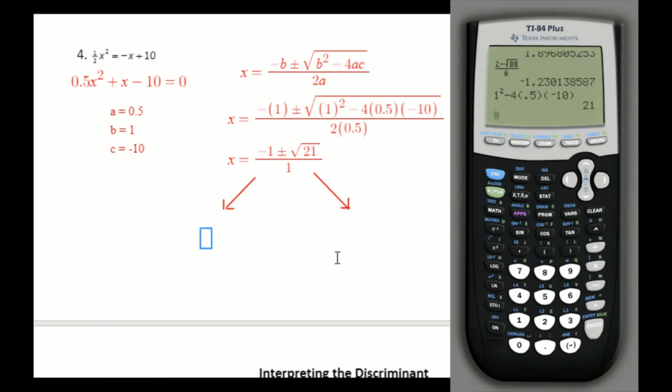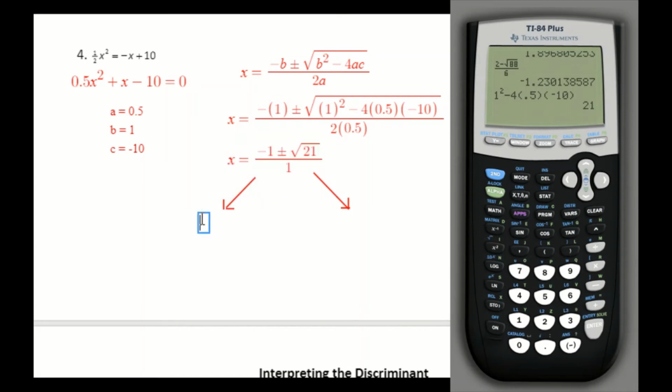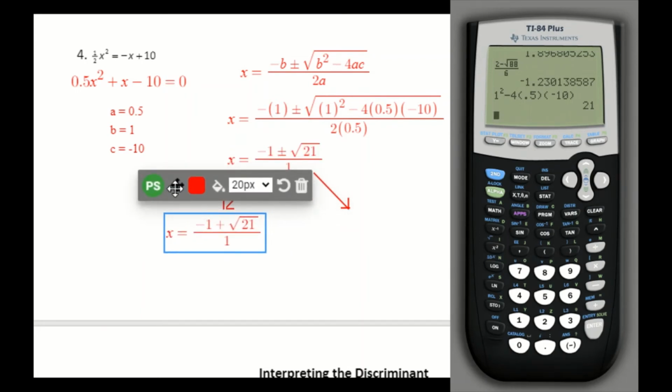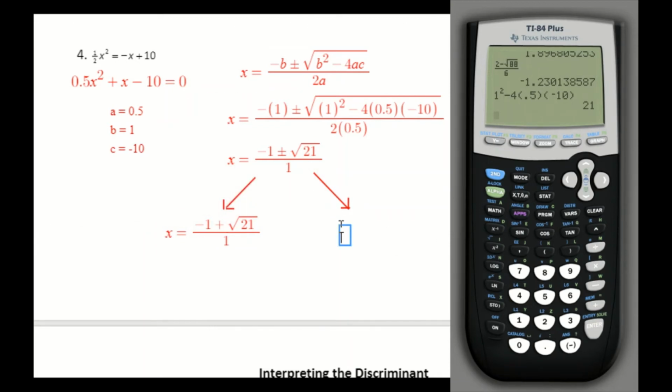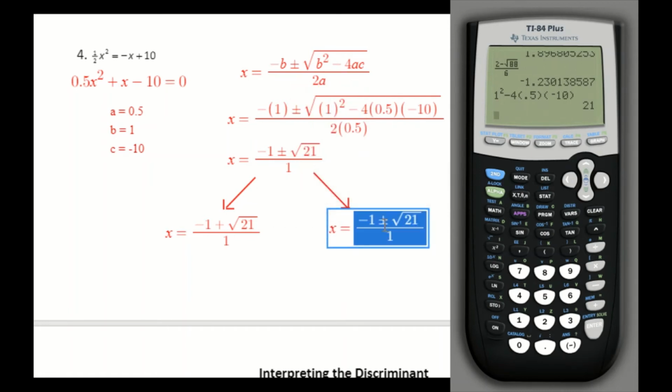So the last thing to do is to rewrite these, just with the plus, just with the minus, to make it a little clearer what's going on. So we got negative 1 plus root 21 over 1 and negative 1 minus root 21 over 1.